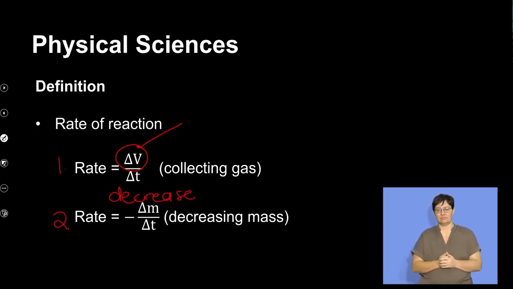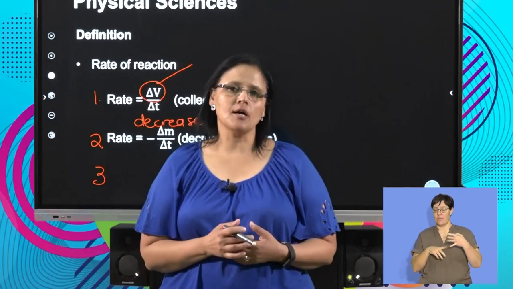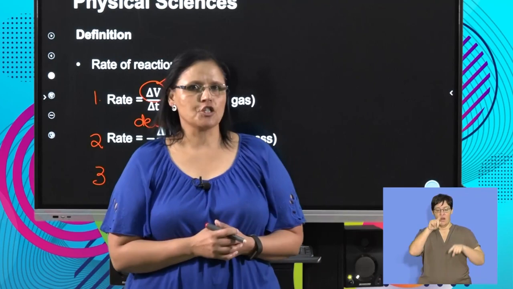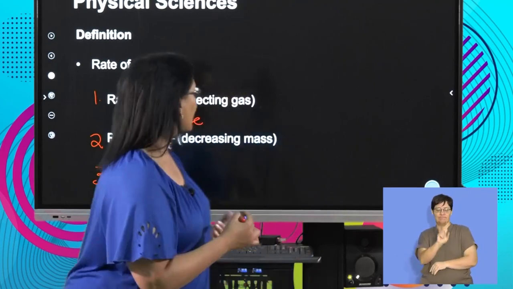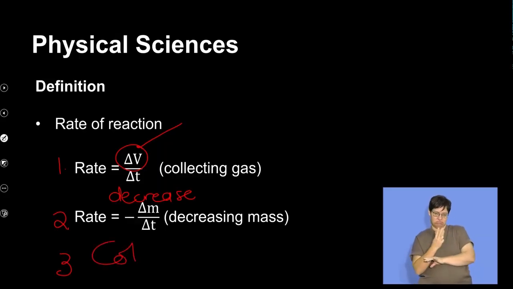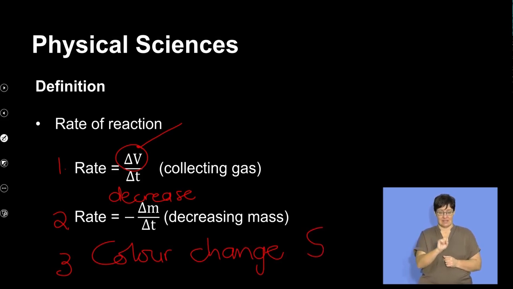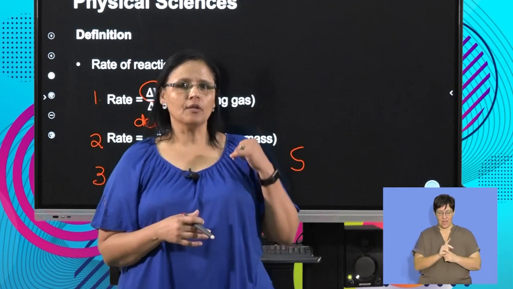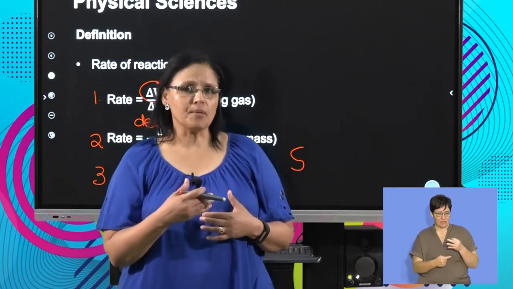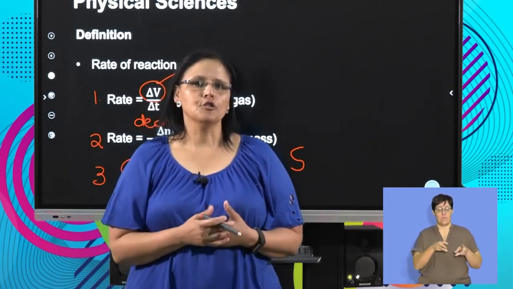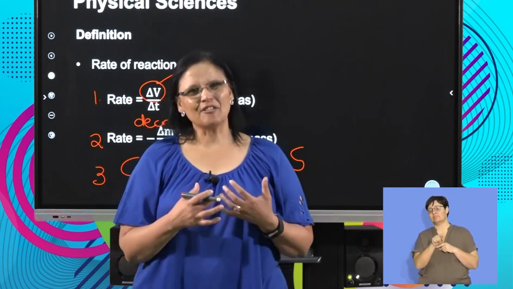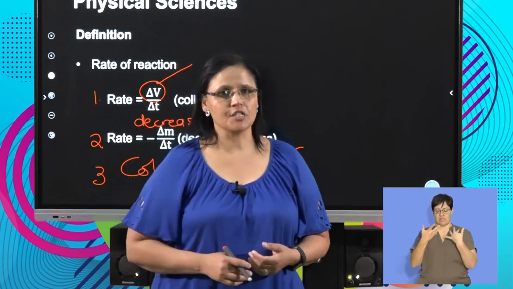And if you can remember back then, there was a 3rd way that we can measure the rate of the reaction, and that was to look at the color change, especially when we produced sulfur that made the whole solution a milky color because of the precipitate. So these are the experimental ways to determine and calculate the rate of reactions.